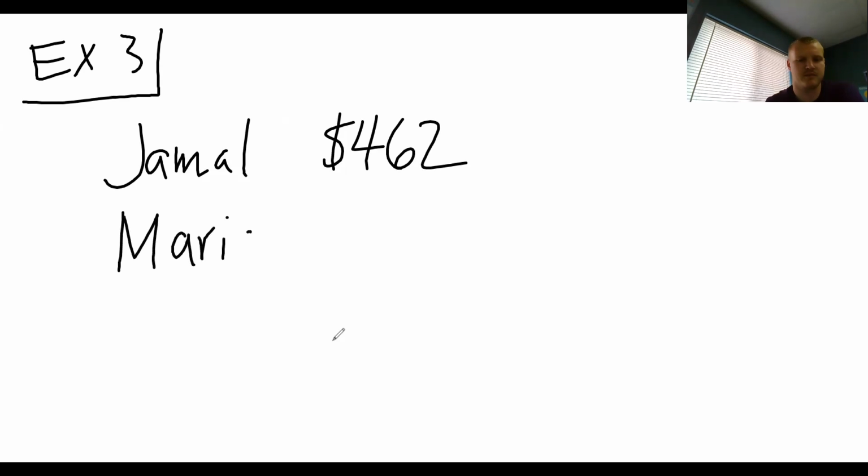Maria paid him $58, so I'm going to say plus $58 because she paid him that when she landed on his property. So then how much did Jamal have? What we're going to do here is add those together, because Maria paid Jamal $58 more.